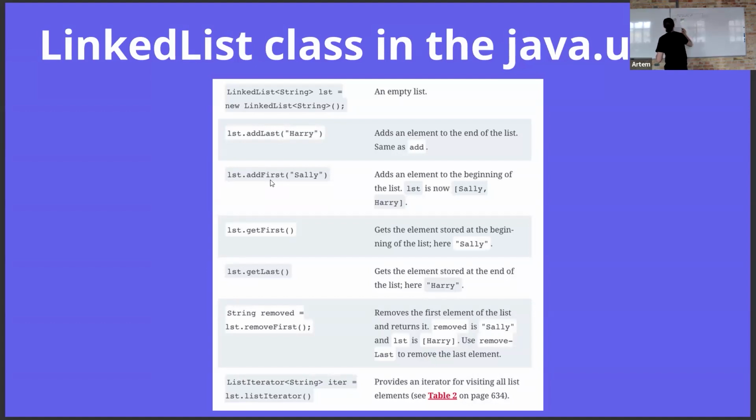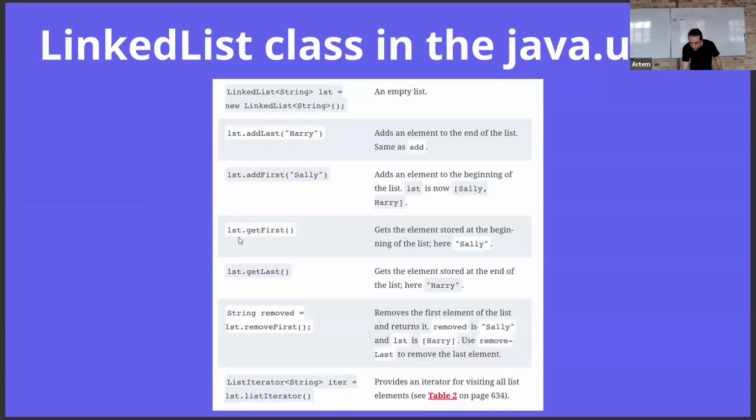So we created this node, and we connect its next reference with Harry. Prev is empty because it's our new first element, and prev of Harry we connect with Sally. And now we have our linked list with two elements.